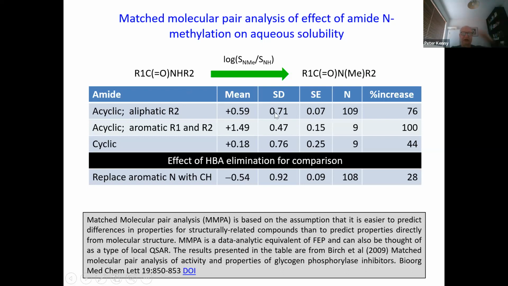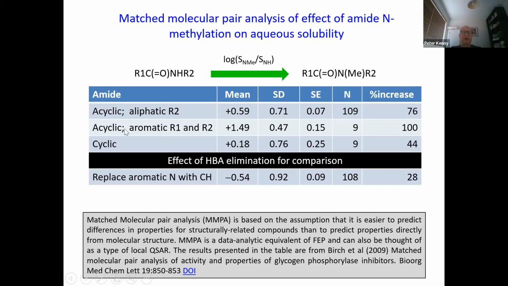The standard deviation is large, which is quite common when you're looking at solubility. The standard error is quite small because you've got a nice sample. And about three quarters of the time, the solubility increases. So you'll give yourself a better chance of increasing solubility, but it's not guaranteed.